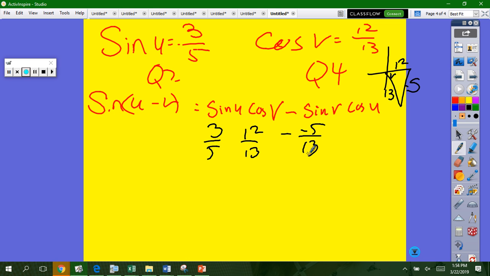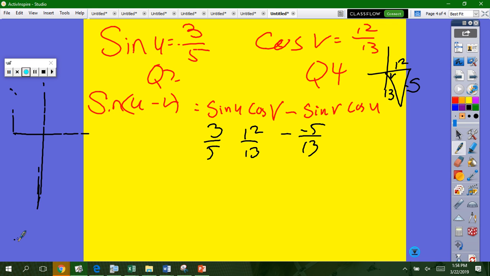It depends on what the cosine of u is. Now I've got to come over here. Do I know the cosine of u? So I've got to draw a triangle, don't I? Because it's in quadrant 4. Why is that? Because it tells us it's in quadrant 4. This was in quadrant 2. Isn't quadrant 2 positive this time?